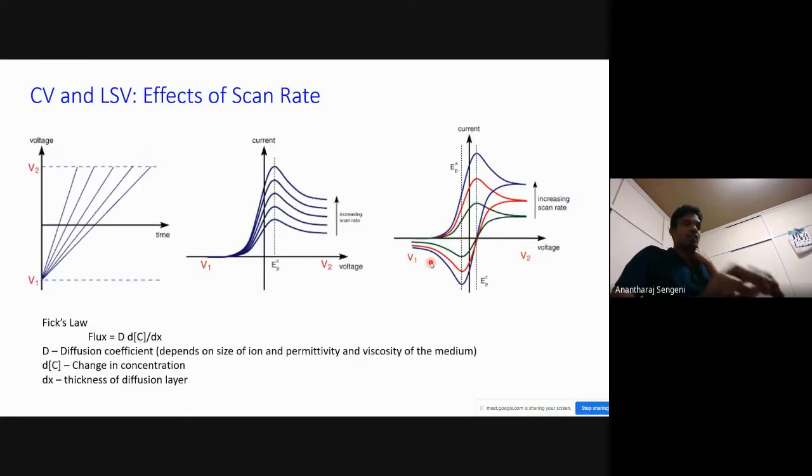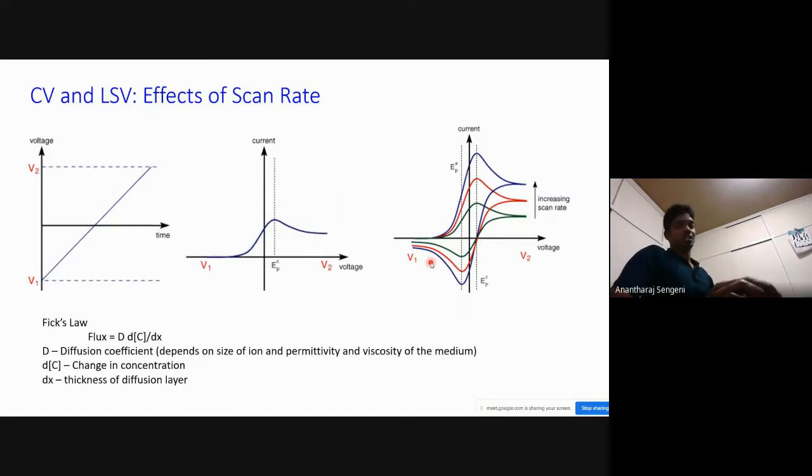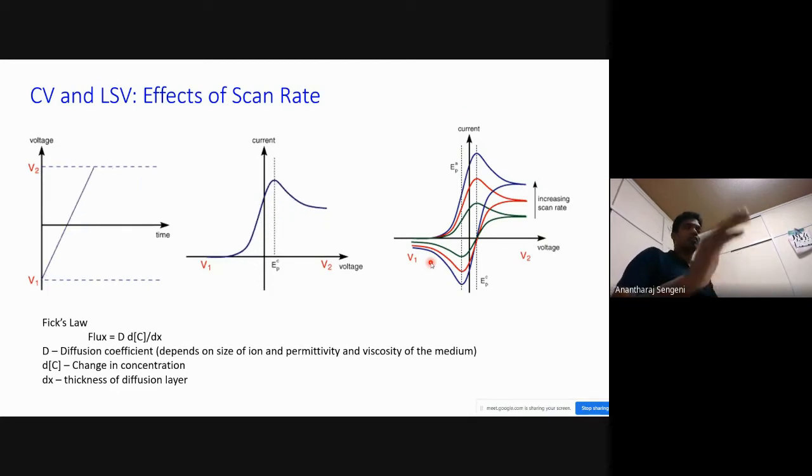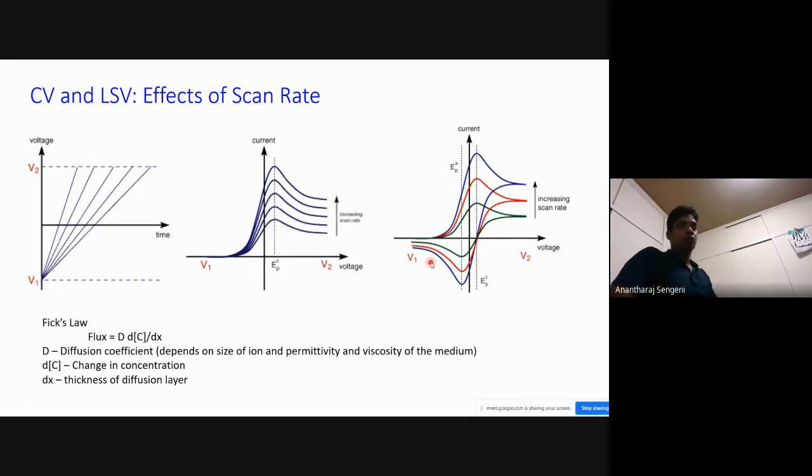Now we know the fundamentals of CV and LSV, and there are certain things that can affect the structure, shape, and many other important characteristics of cyclic and linear sweep voltammograms. The very first is the scan rate, particularly when your reaction is limited by the diffusion of the electroactive species.